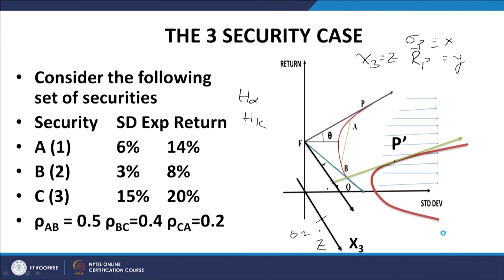This f dash p dash represents the efficient frontier, provided of course this is the maximum slope hyperbola, and this p dash is the point of contact of the hyperbola and this particular tangent. Please note in this context that we are assuming that there is a risk free rate Rf embedded in the problem which is given to us.